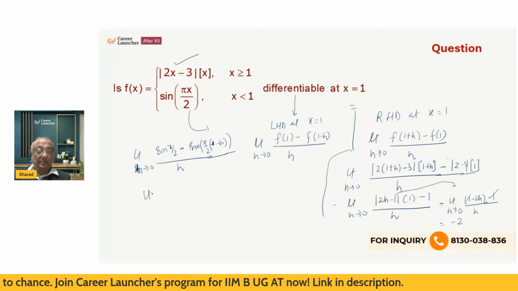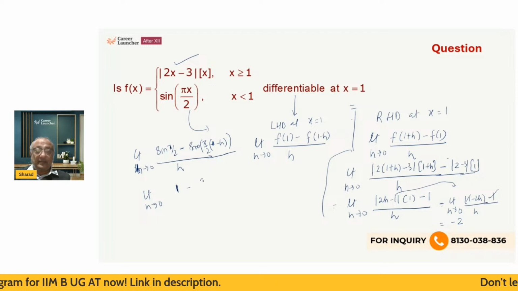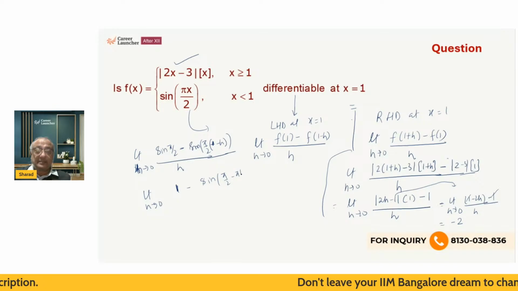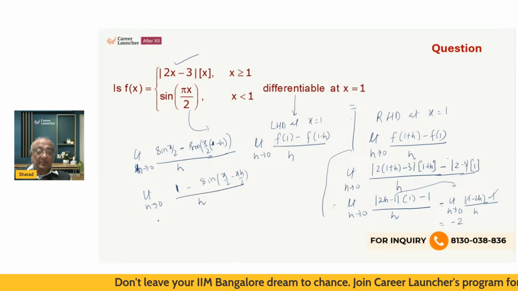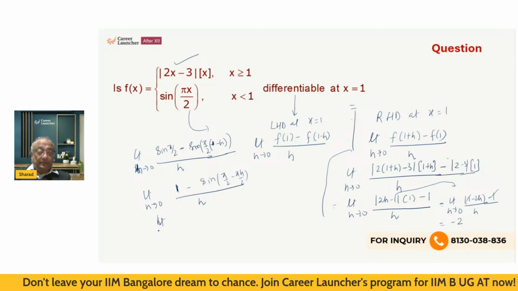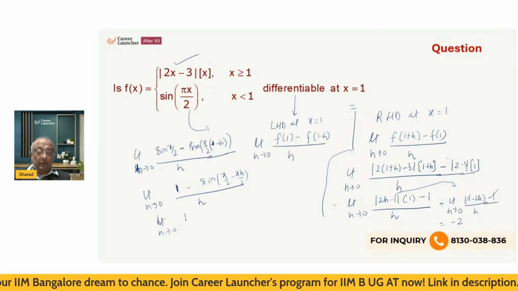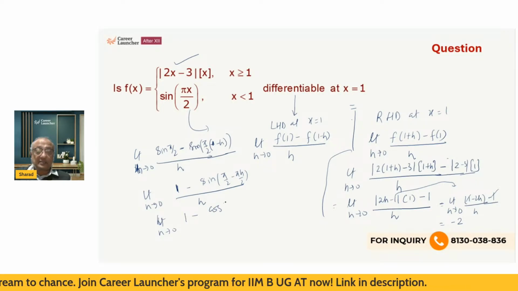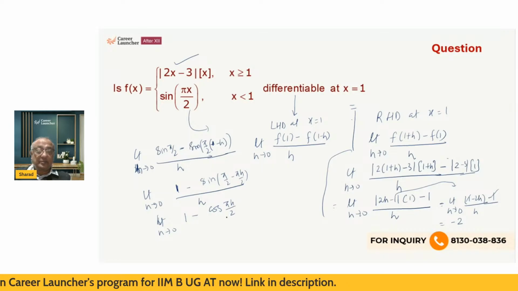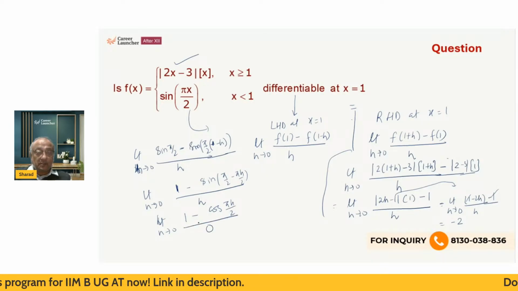So this will become limit h tends to 0, sine pi by 2 is 1, minus sine of pi by 2 minus pi h by 2, upon h.